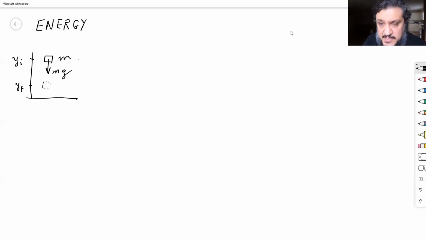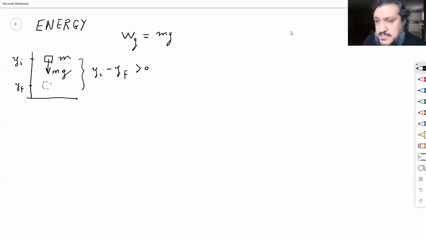So the distance traveled is what? yi minus yf, this positive number, the distance. That times mg should give you the work done, right? So work done by gravity in this case, that would be simply mg times yi minus yf.